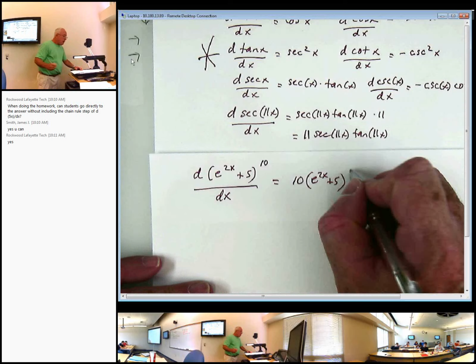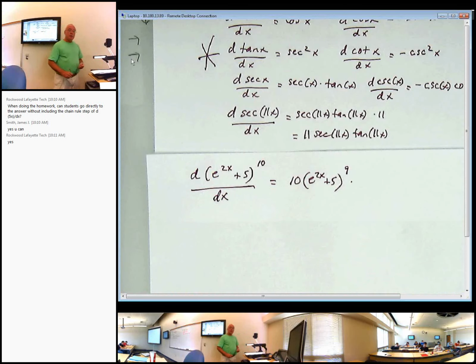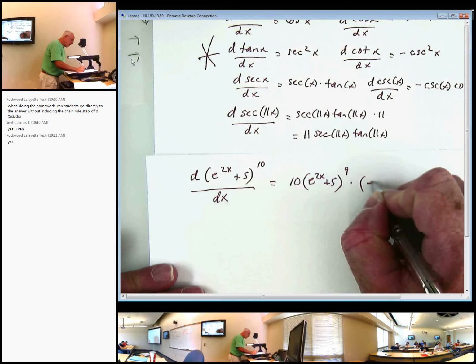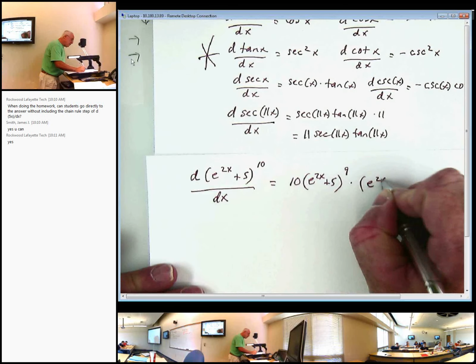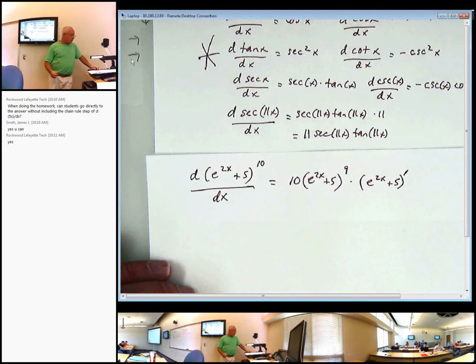But since I'm cognizant of the fact that I have to use the chain rule, I then have to multiply by the derivative of the inside function. So I have to figure out the derivative of e to the 2x plus the number 5.